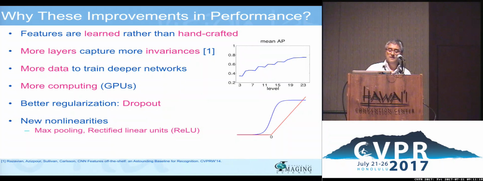The other change has been the type of nonlinearity. So back in the 80s, the nonlinearity that was preferred was this sigmoid that was meant to sort of resemble what the activation of a neuron does. It was replaced by this rectified linear unit that is 0 when the input is negative and the identity when the input is positive.